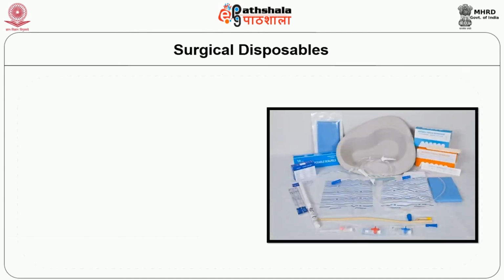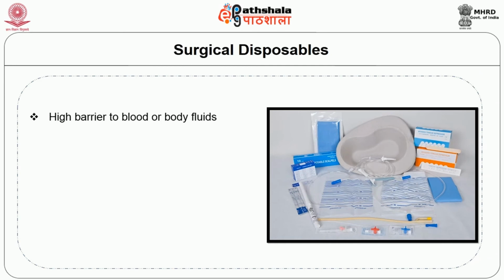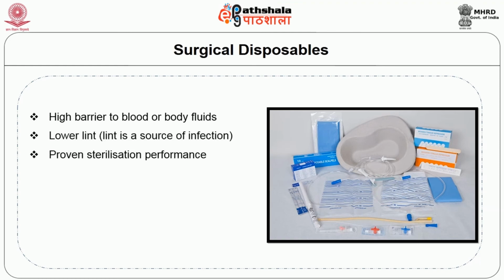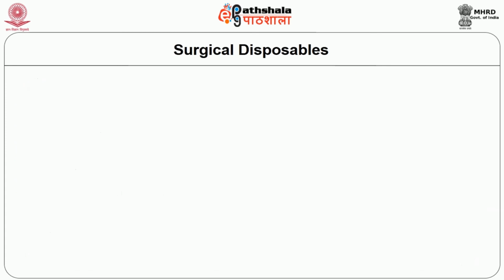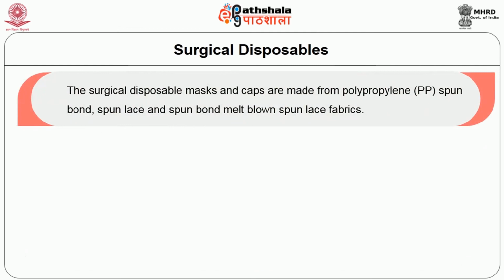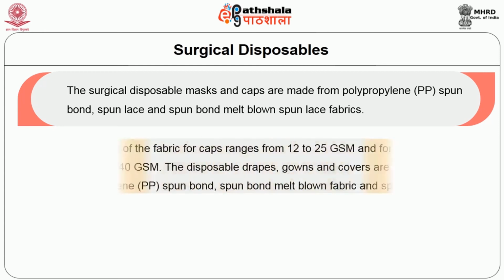The major properties of surgical disposables are high barrier to blood or body liquid, low lint, proven sterilized performance, comfort, breathability, good bacteria filtration efficiency, and breathable resistance. These consist of masks and caps which are made out of polypropylene, spun lace, spun bond and spun bond melt blown spun laced fabrics.